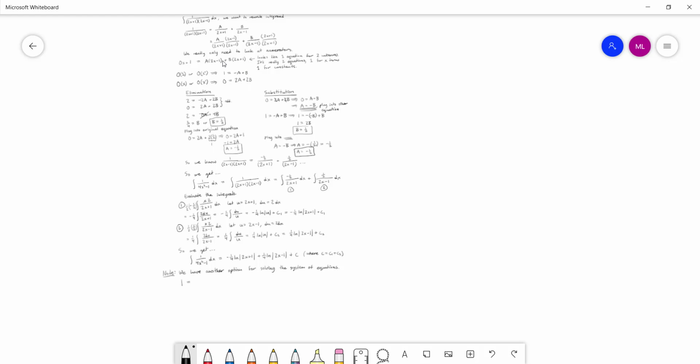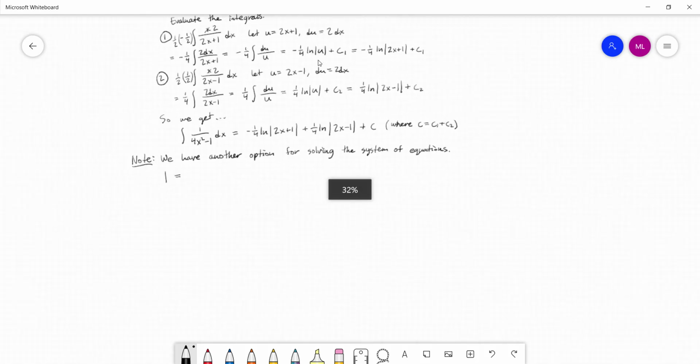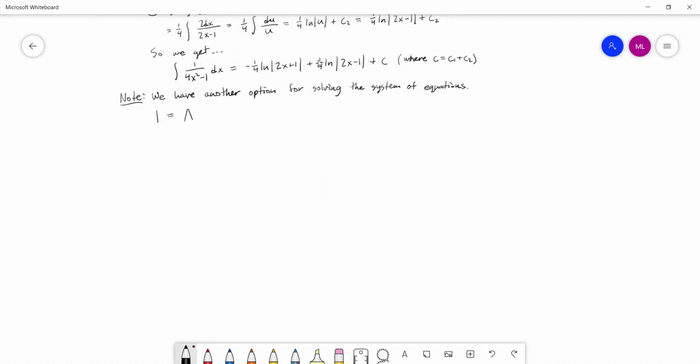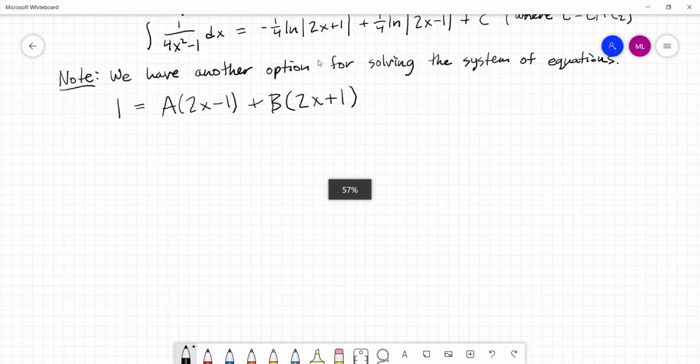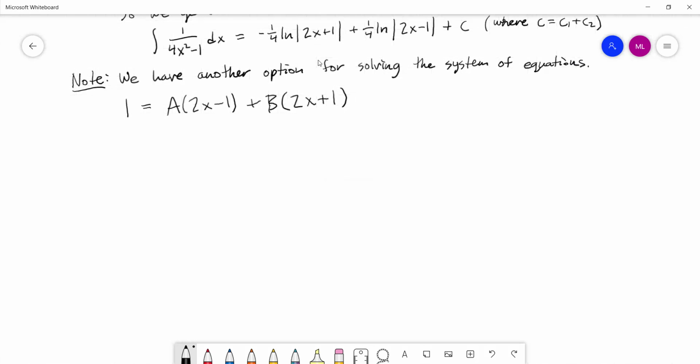So it's a times 2x minus 1 plus b times 2x plus 1. So this is what we're trying to solve, right? If we can solve what a and b are, we're basically ready to start doing our integration. We're right there.